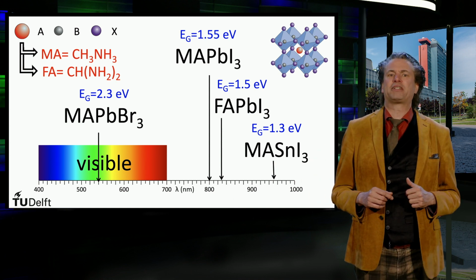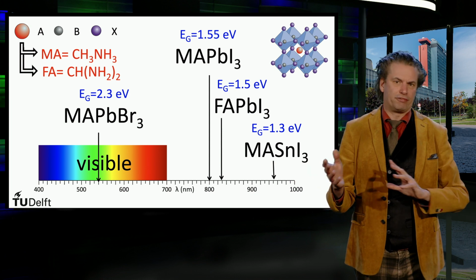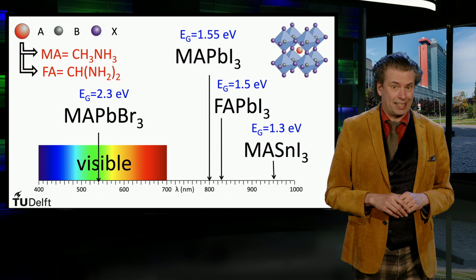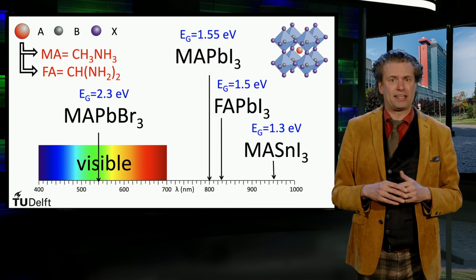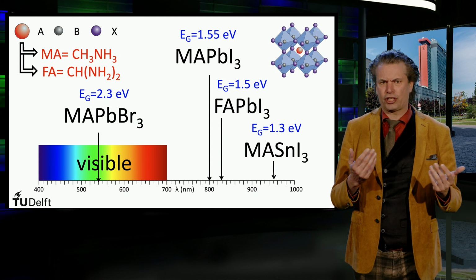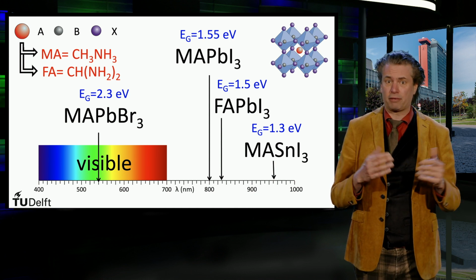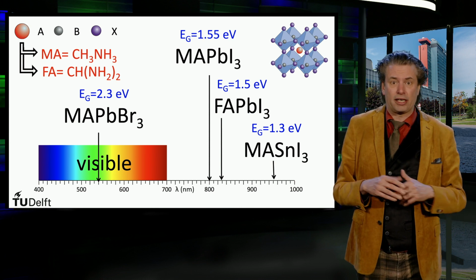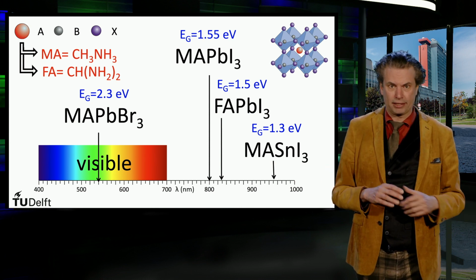Of course, band gaps can be tuned using mixtures of these different halide perovskites. For instance, for hybrid tandem applications, higher band gaps than that of methylammonium lead iodide are required. Such applications require halide perovskite materials based on a mixture of methylammonium lead iodide and methylammonium lead bromide.